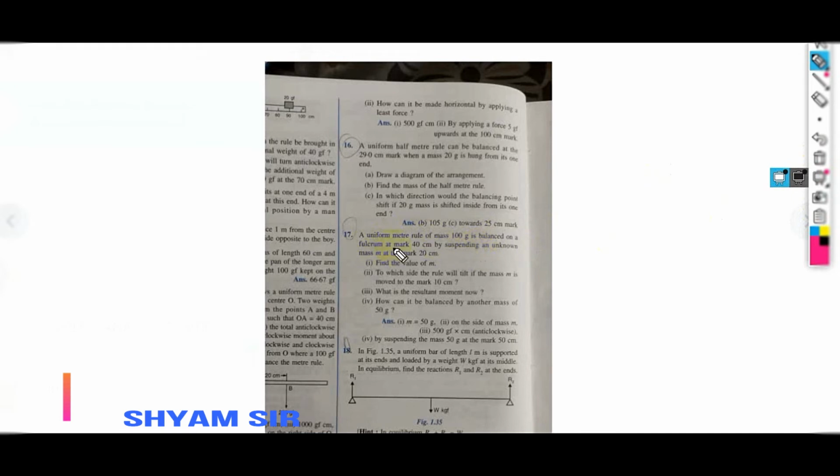Okay, a uniform meter scale is balanced on a fulcrum at 40 centimeter by suspending an unknown mass. This is a uniform meter scale, so the total length is 100 centimeter, and the weight of the scale should be balanced at 50 centimeter, but this has been balanced at 40 centimeter.